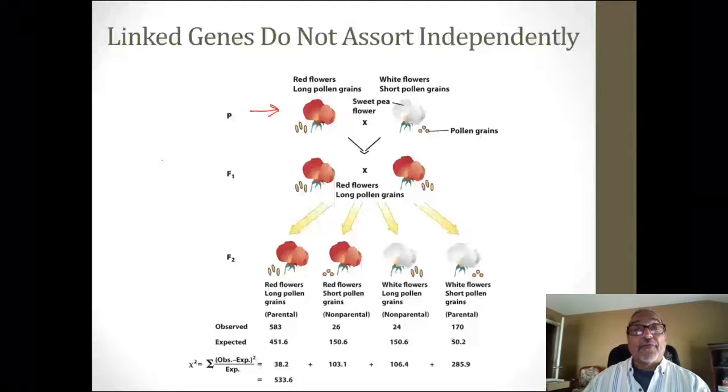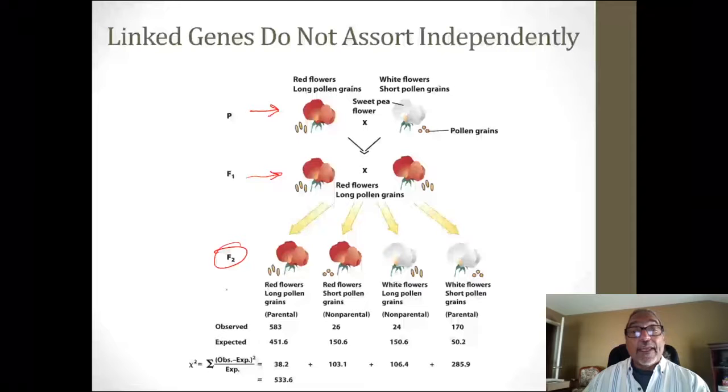We've seen this before, if you recall. Now we look at the F1, and we see that we've got red flower with long grains, again perhaps indicating that there's dominance involved. Now the fun stuff happens right here in the F2.